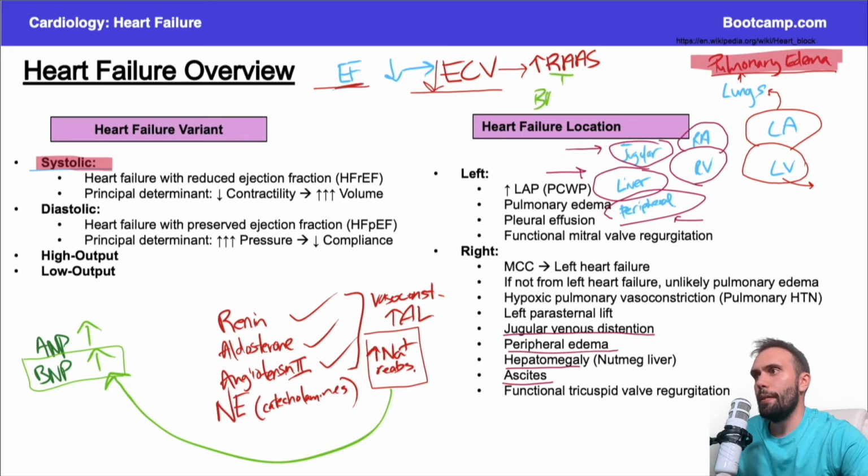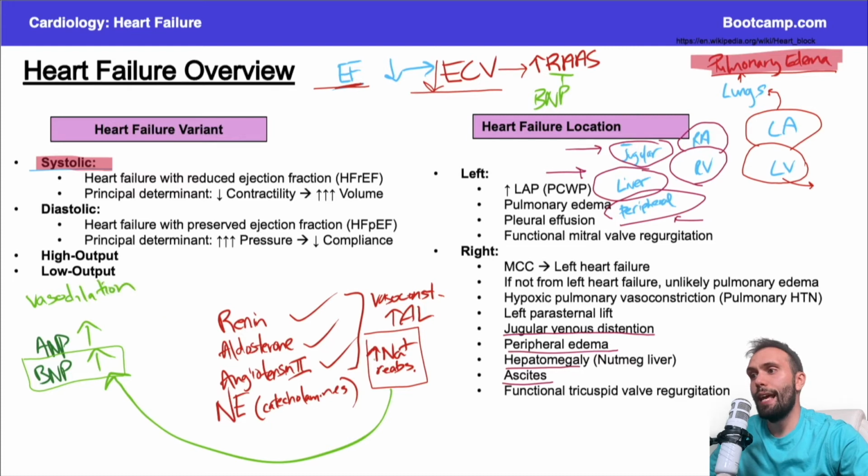And so the BNP and the ANP are trying to counteract the RAS system, right? They're going to have the opposite effect. Remember what they do. ANP and BNP have the opposite effect of the renin-angiotensin-aldosterone system. So if the RAS system causes vasoconstriction and sodium reabsorption, then ANP and BNP must cause vasodilation.